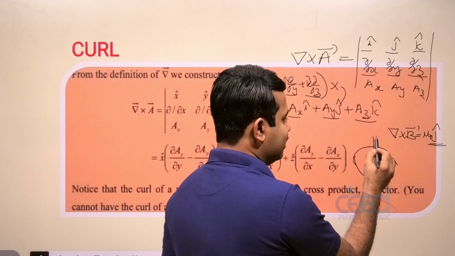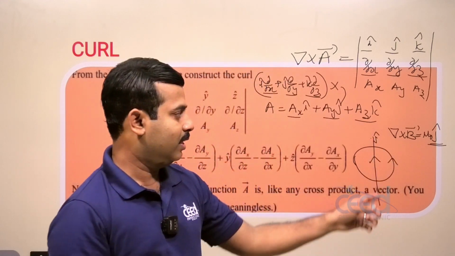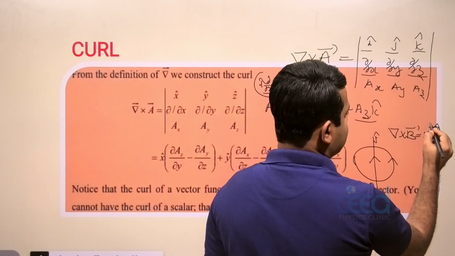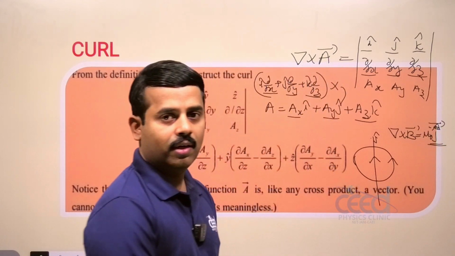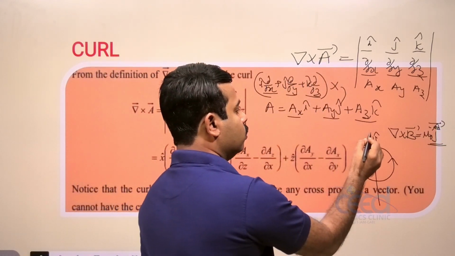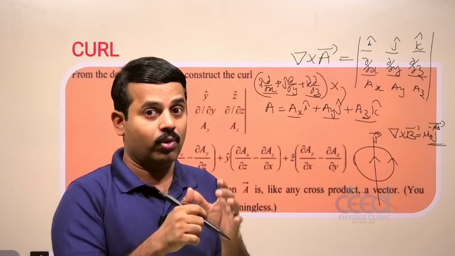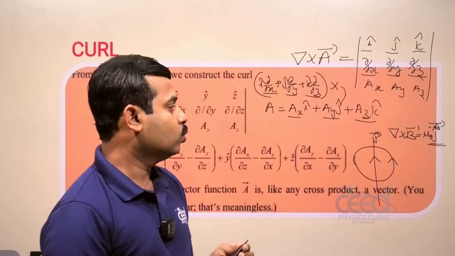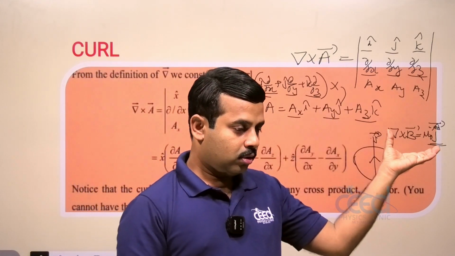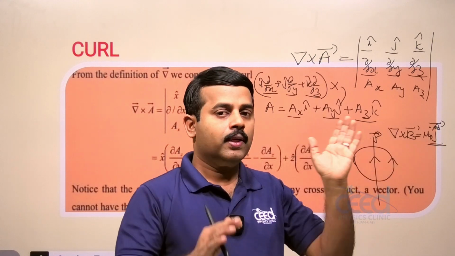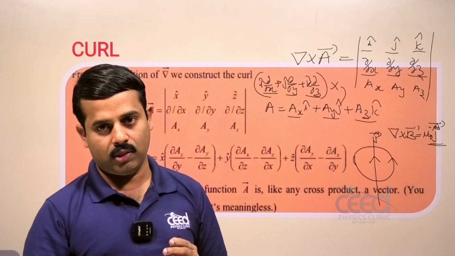So the current density through this conductor is J. This is not J cap, this is the current density vector J, which depends on that particular current. So del cross some function represents the rotation of that particular function.